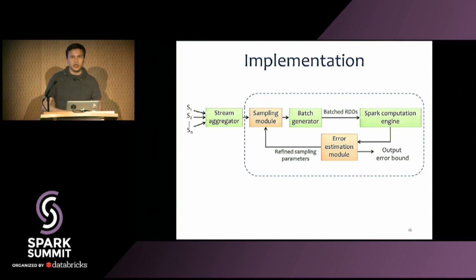So we created a sampling module to take the sample in an online manner, from the input data stream, even before the batch has been formed. So we sample before the batch generator.